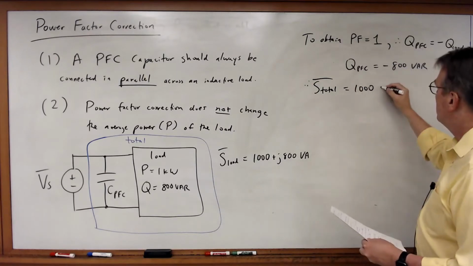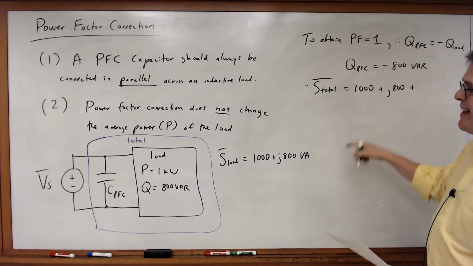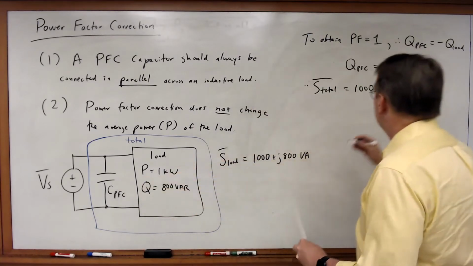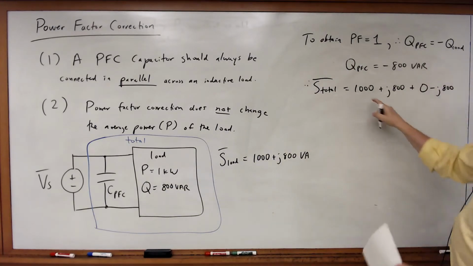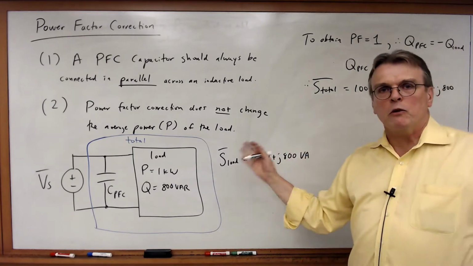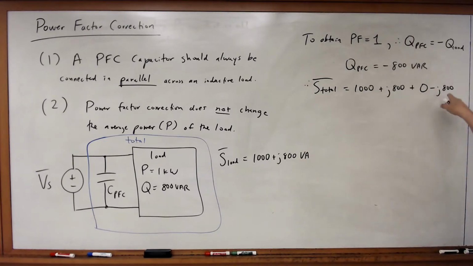1,000 plus j800 plus 0, the real power of a capacitor is 0, minus j800. So the real power is not going to change. Adding the capacitor does nothing to the real power of the system. But what it will do is cause the reactive powers to cancel out.